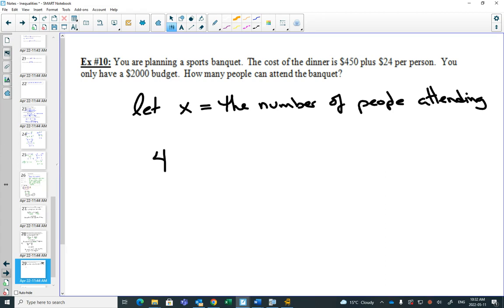Does it make sense that the total cost is going to be $450 plus each person that comes has to pay for a meal of $24, so 24x? And we have a budget of $2,000. What symbol has to go in between there? This is your total cost. It has to be less than or equal.